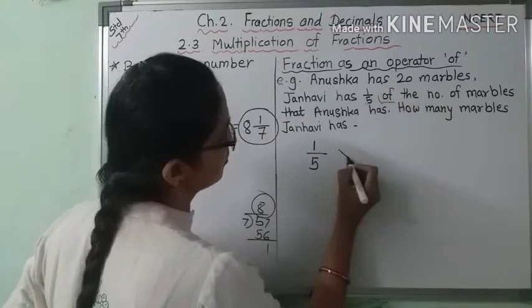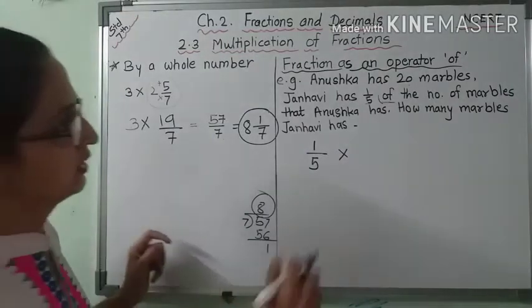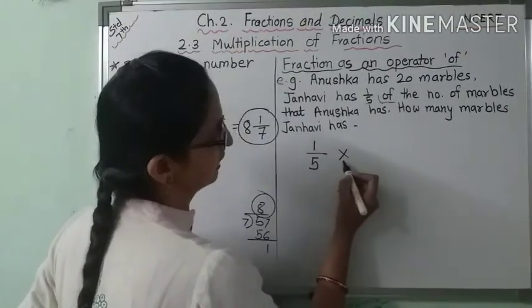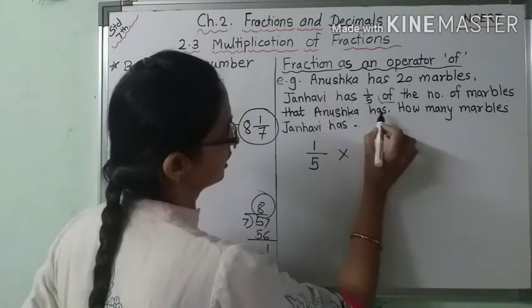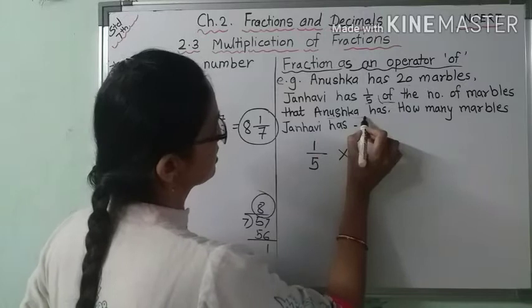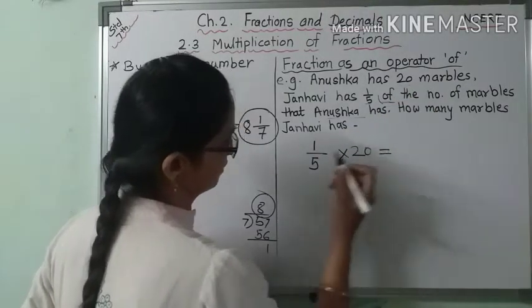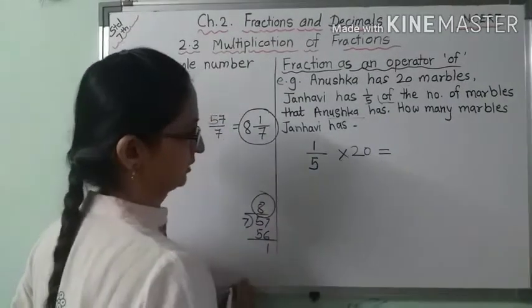Of means multiplication. Of indicates multiplication. So here, in place of of, you have to write the multiplication sign. Of the number of marbles that Anushka has. Now Anushka has how many marbles? 20 marbles. So you have to write 20 here. 1/5 of 20. Of means multiplication.